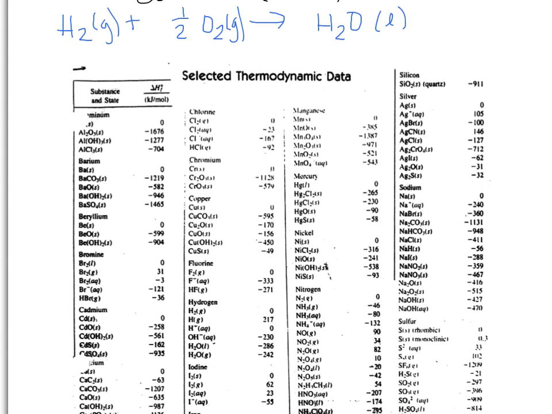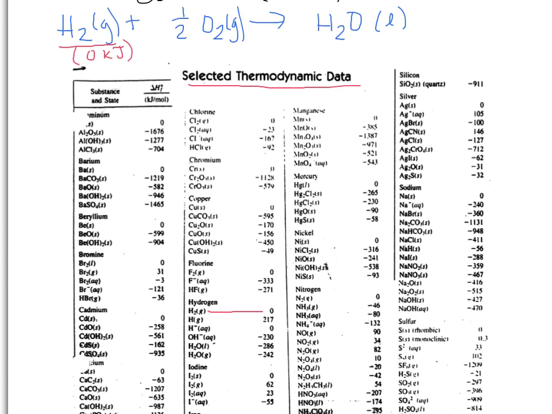What you'll see below me here is a reference table called thermodynamic data, and we're going to look up the values for each of these. For hydrogen gas, it takes 0 kilojoules of energy for that formation.